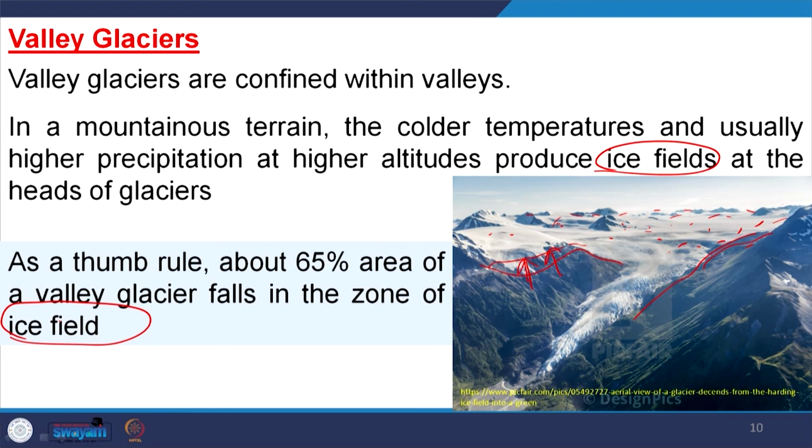So, the ice fields play a major role, continuously supplying ice to the valley glacier, so that the valley glacier becomes active and remains active throughout its movement through the valley.